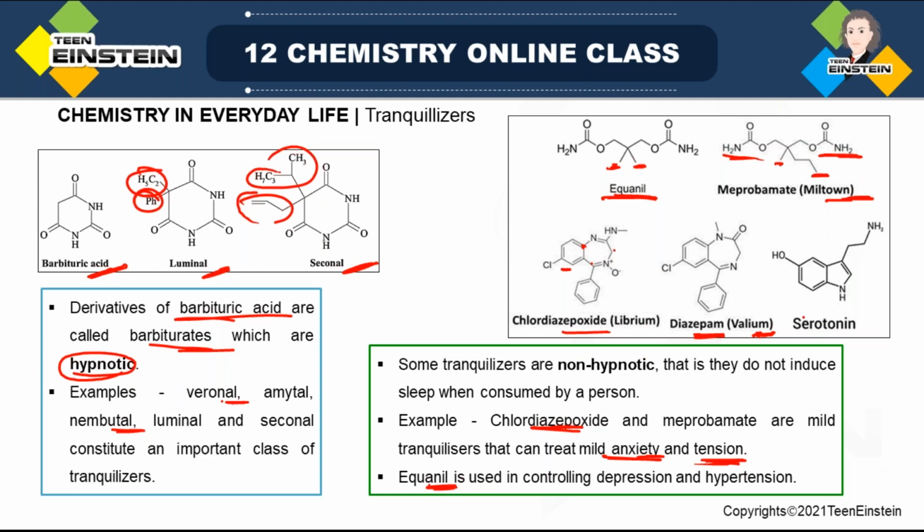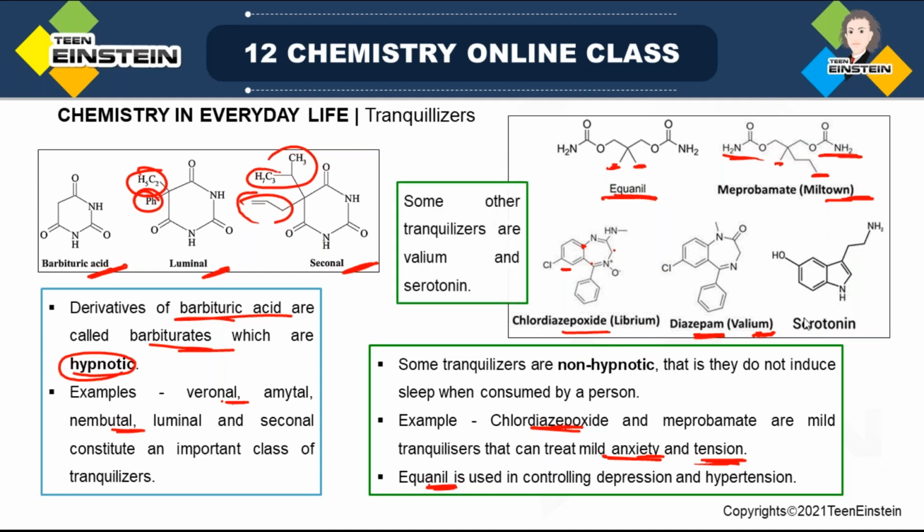Then we have another name which is serotonin. Some other tranquilizers are Valium and serotonin. For serotonin, there is an indole structure present. This is the heterocycle known as indole, but we have these 2 substituents. So all these are examples of different types of tranquilizers.